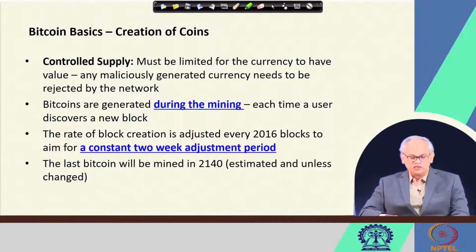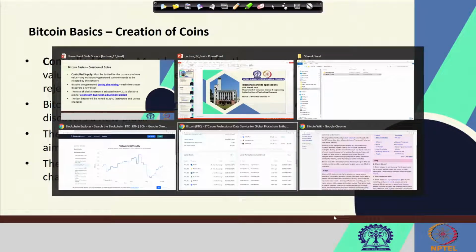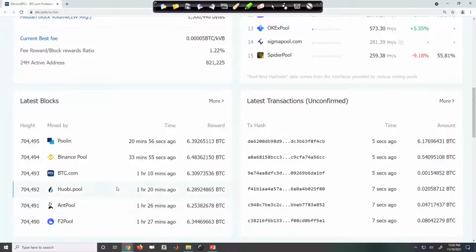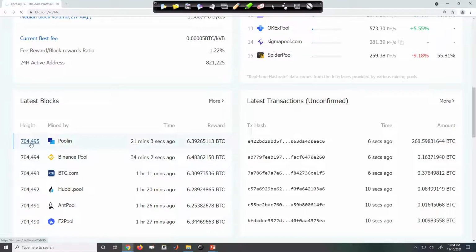Now, bitcoins are generated during mining. So, let us see what we mean by that. If you look at this example, I am just picking up one of the most recent blocks, which is 704495, and as you can see I am doing it in real time. This was generated 21 minutes 8 seconds ago.